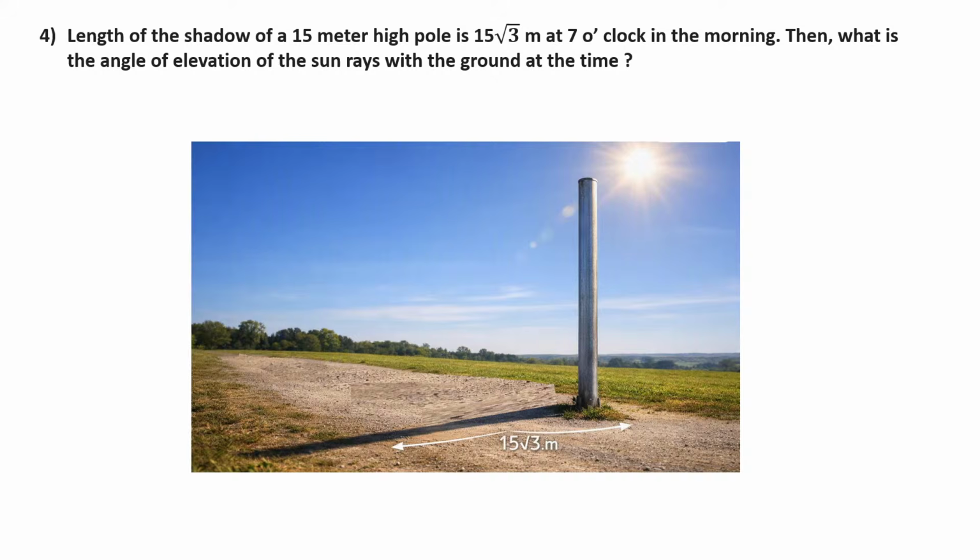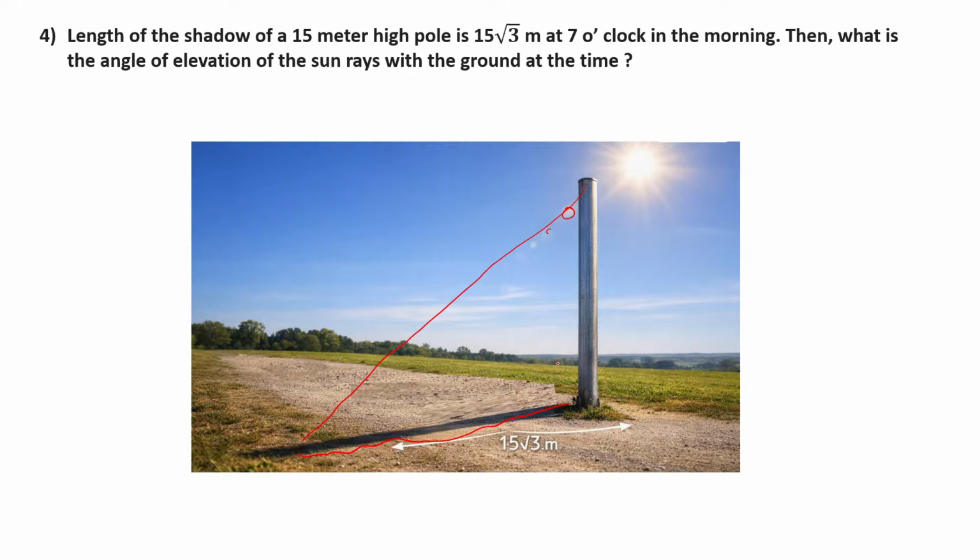So you can see the tower or a pole which is standing perpendicular to the ground level at 7 o'clock in the morning. So the sun is rising. Now you can see the sun rays falling like this. So if the sun rays fall like this, the shadow will be formed. You can see on the screen.